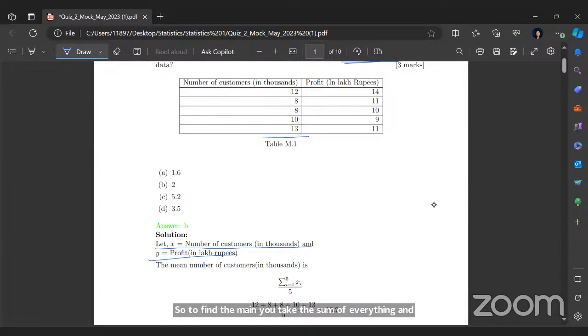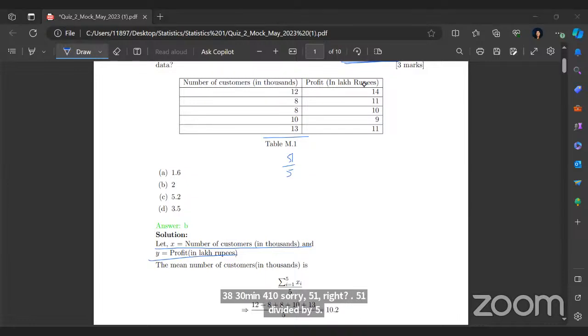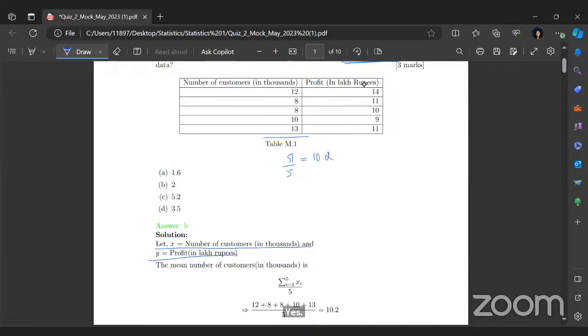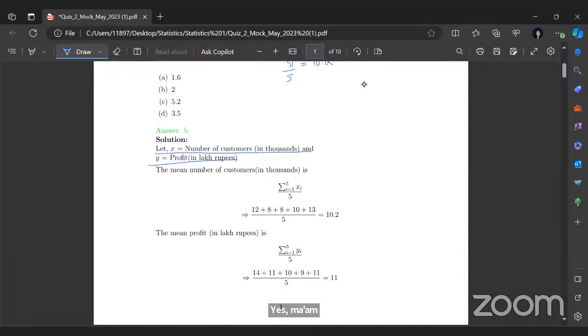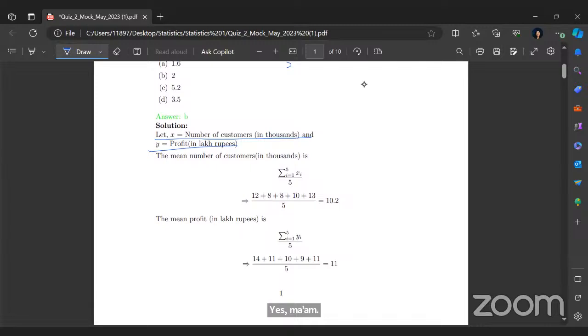In this case, it's 12 plus 8, 8, 10, 13, which is 51. 51 divided by 5, and this will come out to be 10.2. So we found X bar.